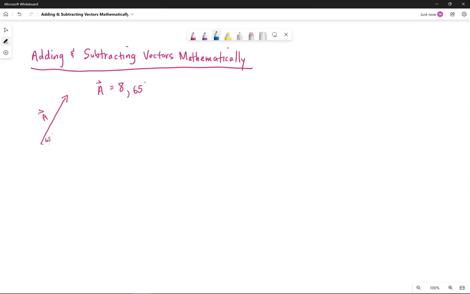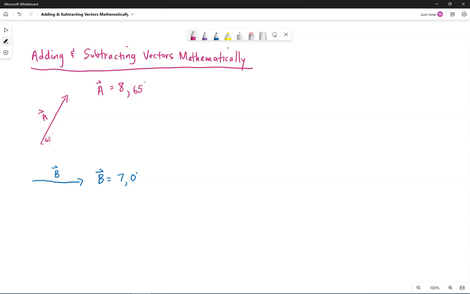And then let's say we have a vector B that points directly to the right, a length of 7. So 7, we could technically just say 0 degrees. That would be the magnitude and direction.